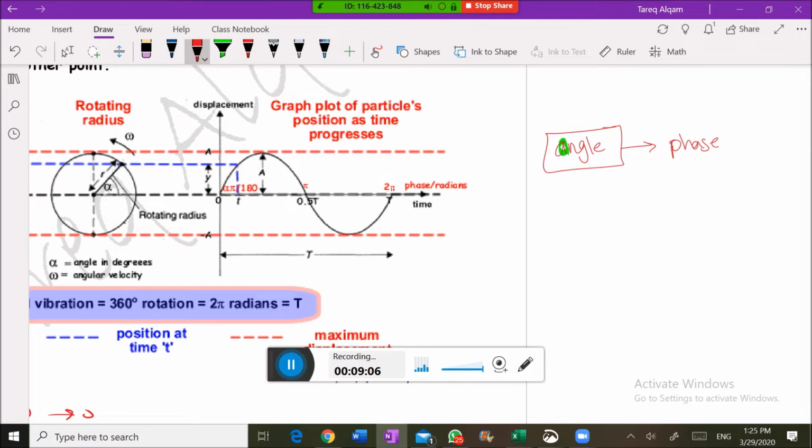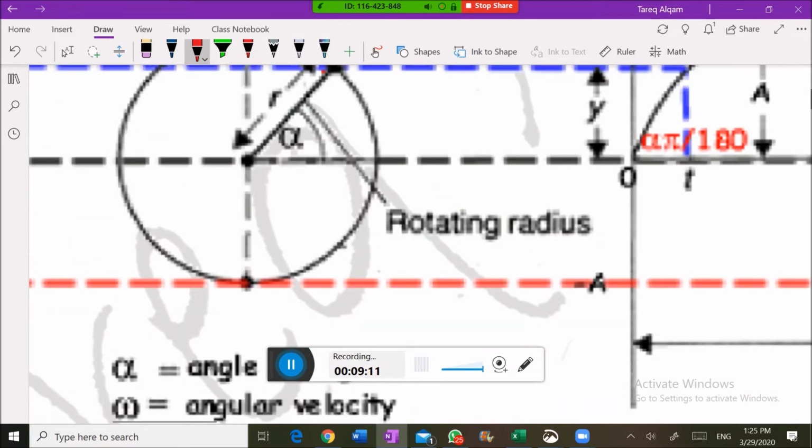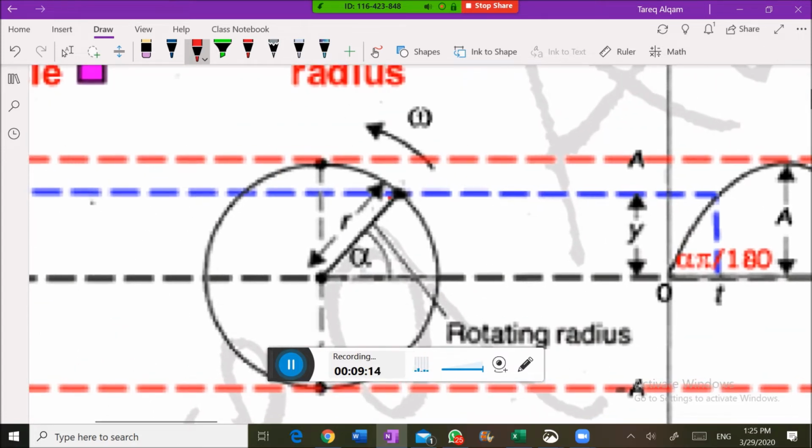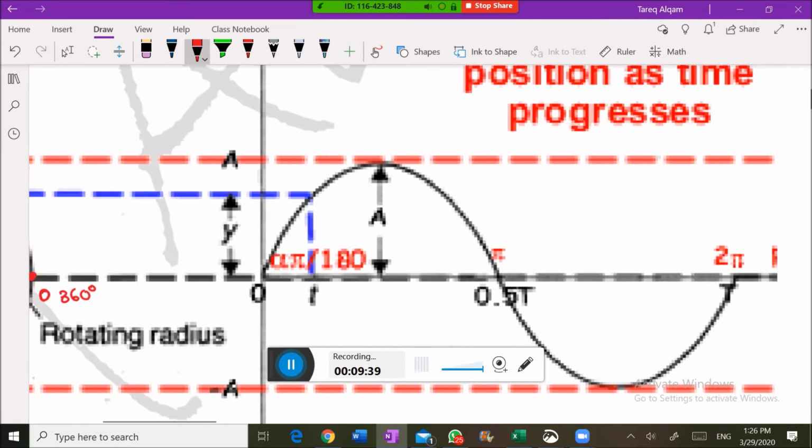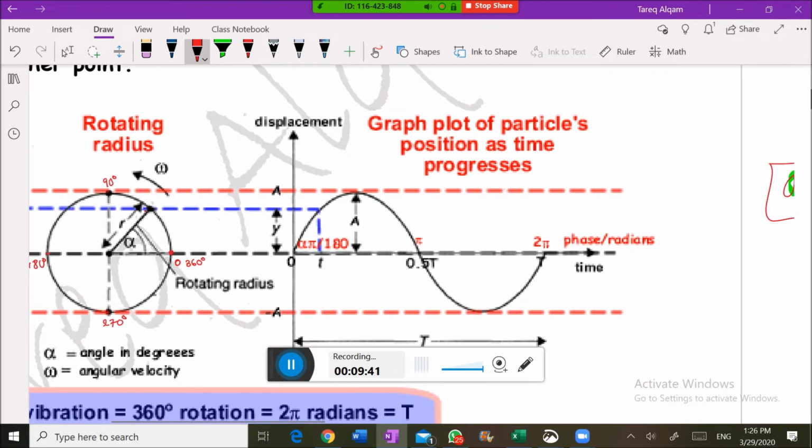Because if I have a circle like this, let's say a particle that moves along a circle in this way. Let's say this is 0 degrees. This is 90 degrees, right? This is 180. Just a moment, Tariq. This is 270. This is 360 again. So a wave repeats itself every one cycle. Well, one cycle can be represented as what?